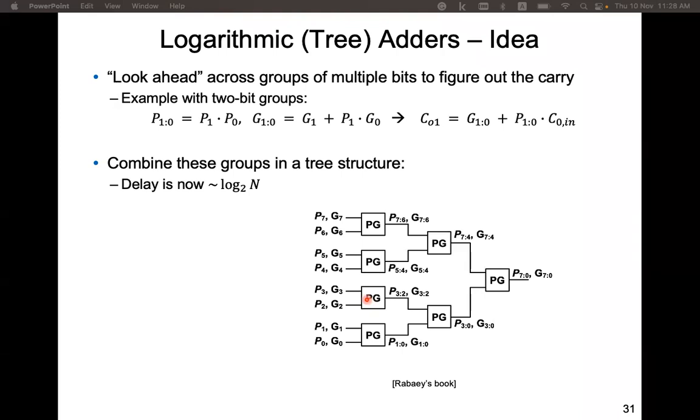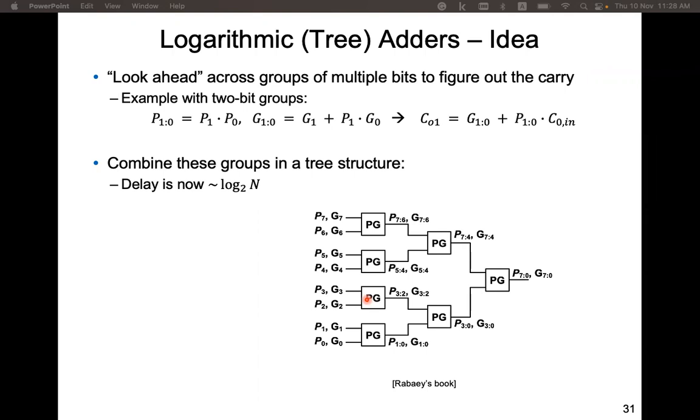So here we have 3 stages, so it contains 8, actually 7 elements. So you can find that the delay, the number of stages n, ignoring this minus one, is a log function of the number of bits, log to the base 2.